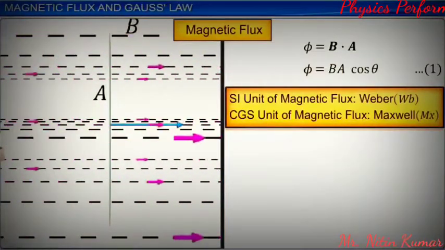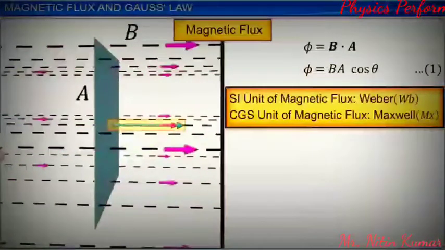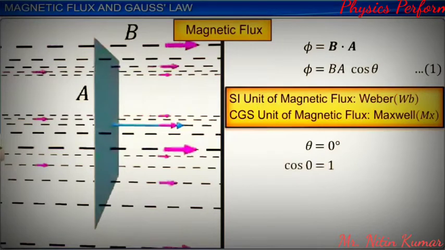That is, the angle between the plane of the given area and the magnetic field is 90 degrees. The angle between the area vector and the magnetic field, theta, is equal to 0 degrees. Cos 0 degrees is equal to 1. Thus, the magnetic flux, phi, is equal to BA.